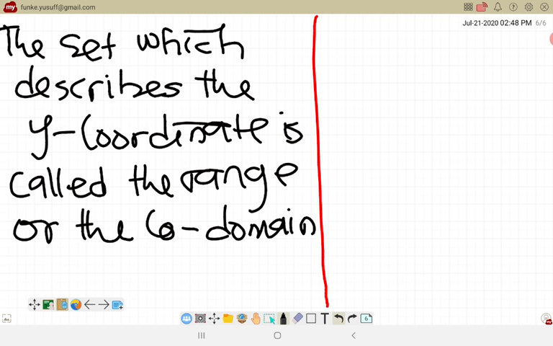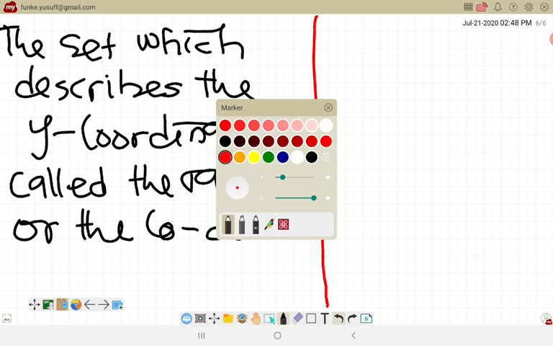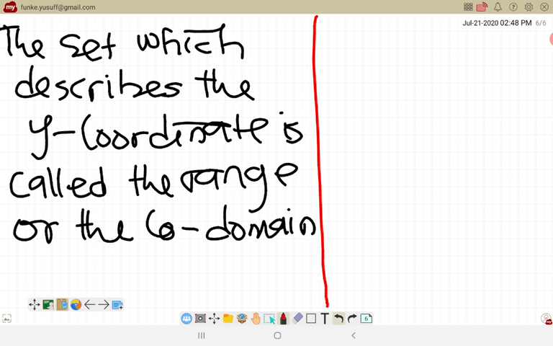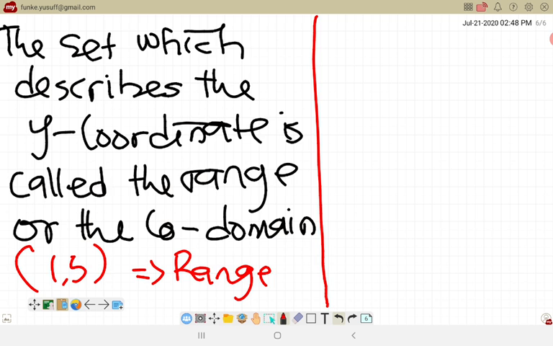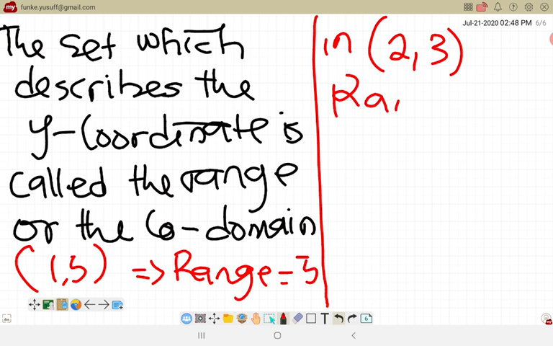In the example above, the range of 1, 5 is 5, and in 2, 3, the range equals 3.